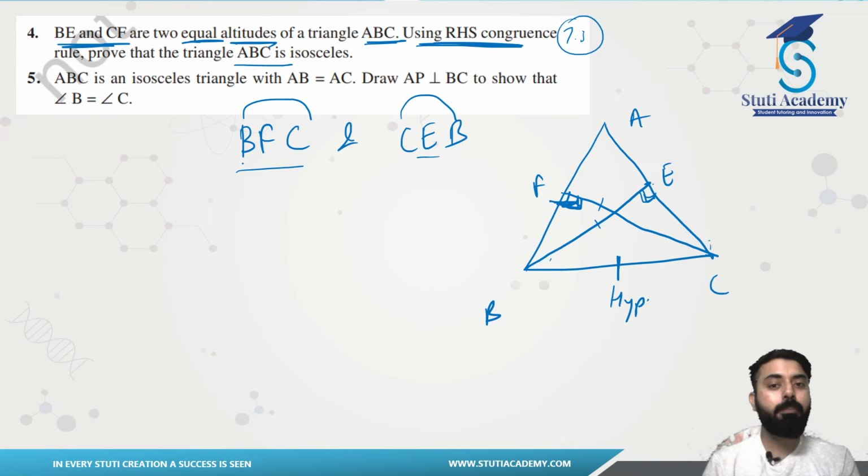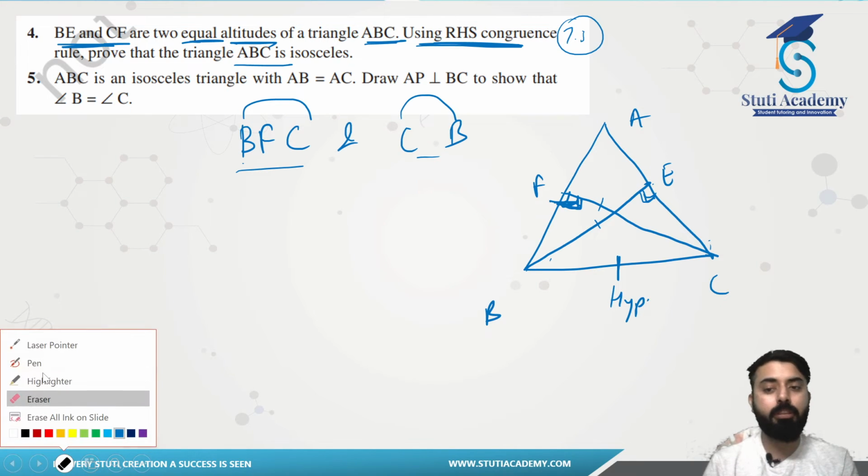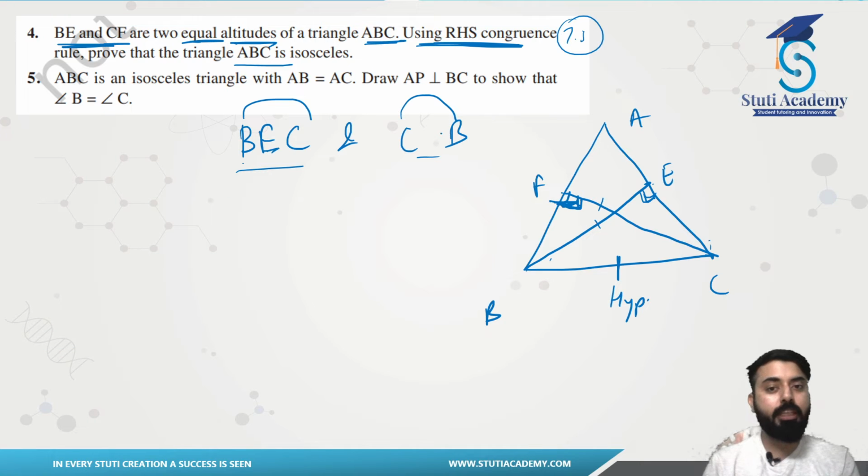I can see BE, sorry, that will be a totally different case. Let's just name them accordingly. Let's say this is BEC and CFB, that will be better. Reason being, I'm going to take this triangle and that one, because I have not been given that BF and CE are equal, so we cannot take these two.